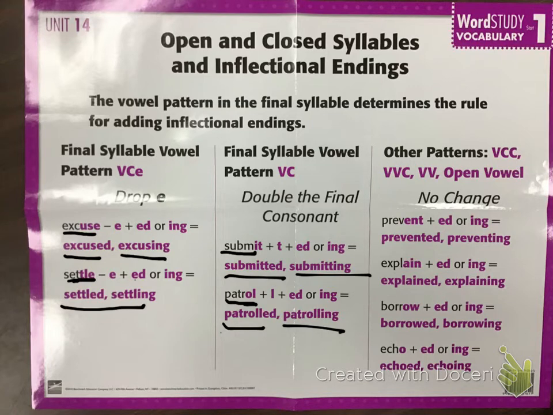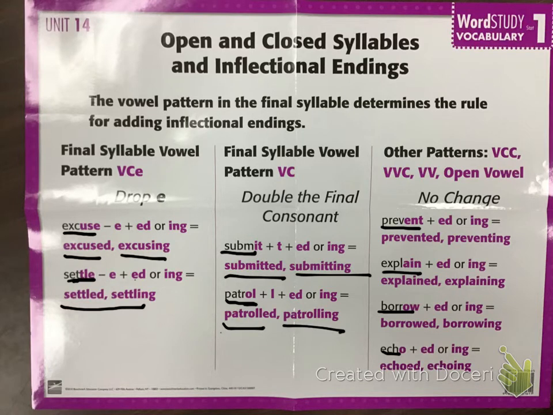Sometimes there's no change to a base word when we add our ing or ed endings. We keep the base word the same, and then we add whatever we need to add. One example of that is prevent, or explain, or borrow, or echo. Those have different vowel consonant consonant patterns or vowel consonant.